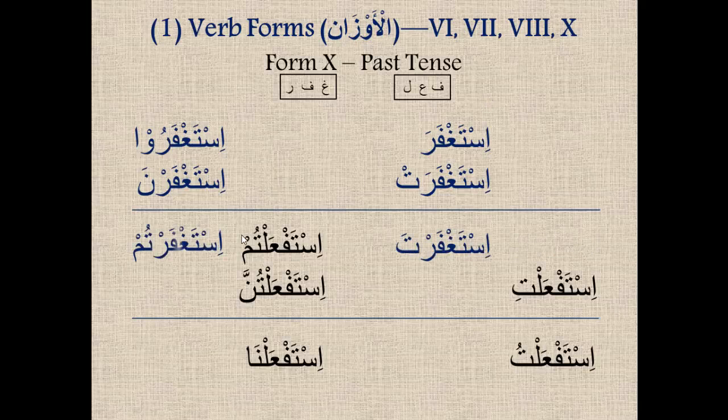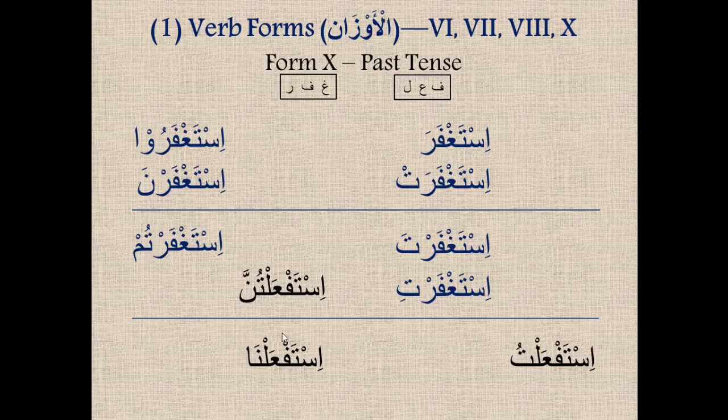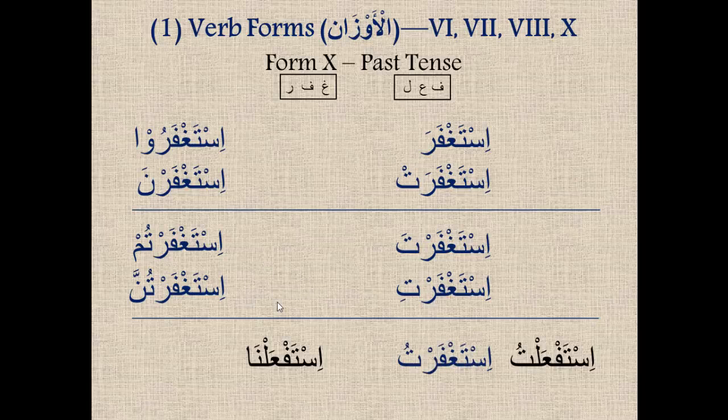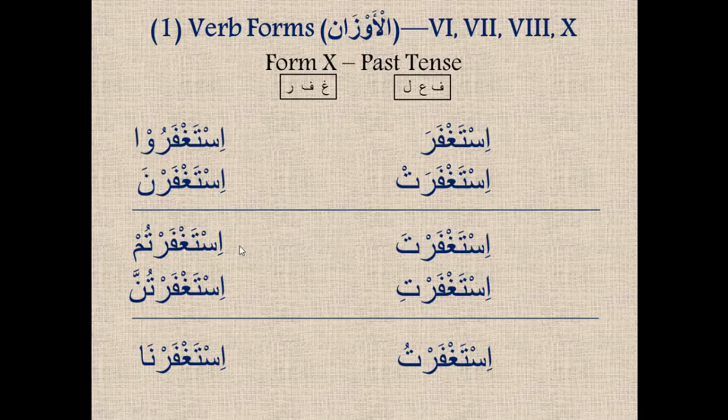Istaf'altum, istaghfartum. Istaf'alti, istaghfarti. Istaf'altunna, istaghfartunna. Istaf'altu, istaghfartu. Istaf'alna, istaghfarna. So you'll notice that these verbs are very long. There's a lot of stuff going on in there in Form 10.